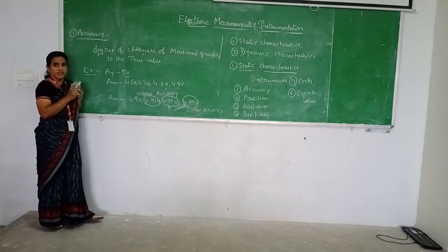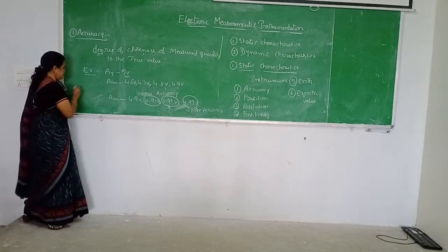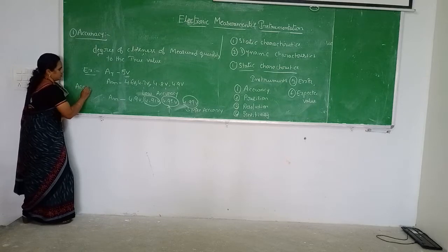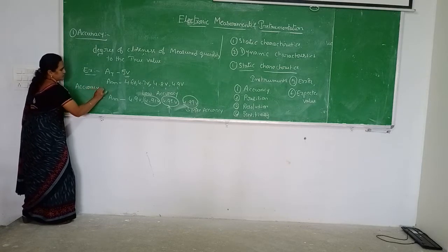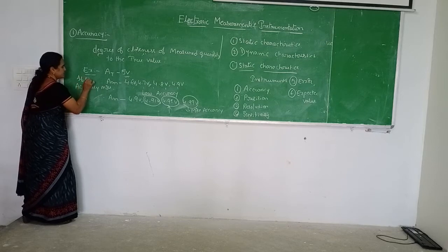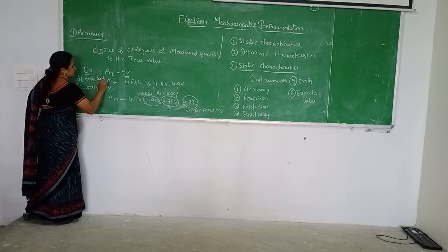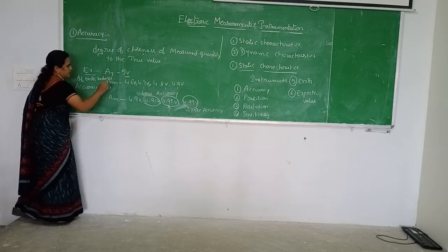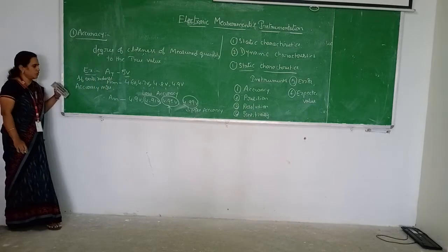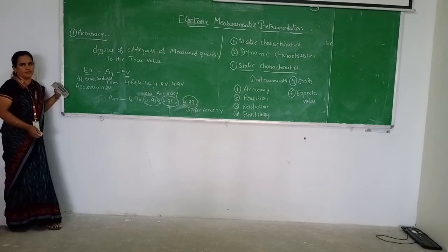So compare this measured value with the true value. If the error is reduced or zero, then accuracy is more. From this we can say if accuracy is more, then there is low error.